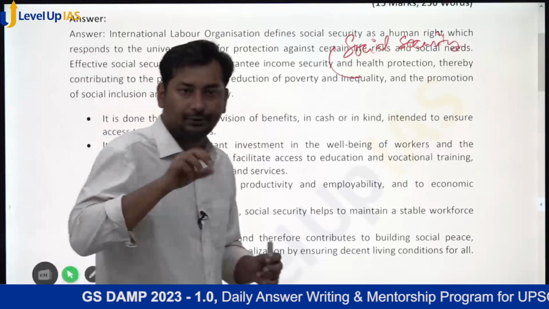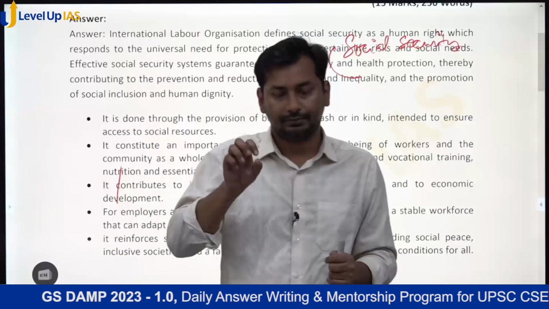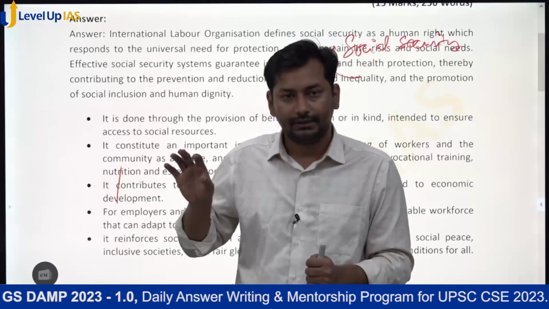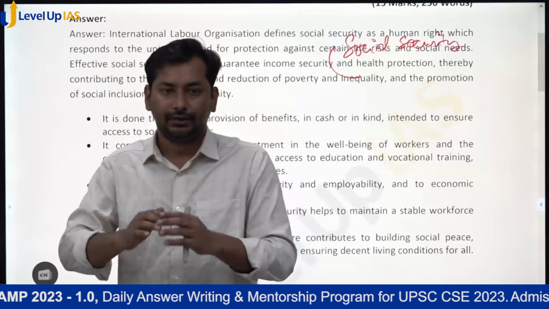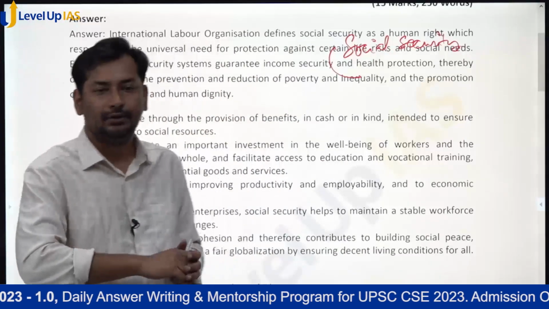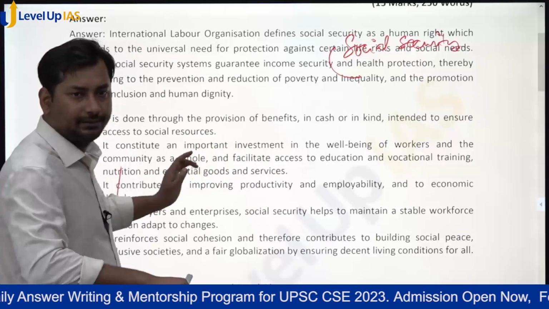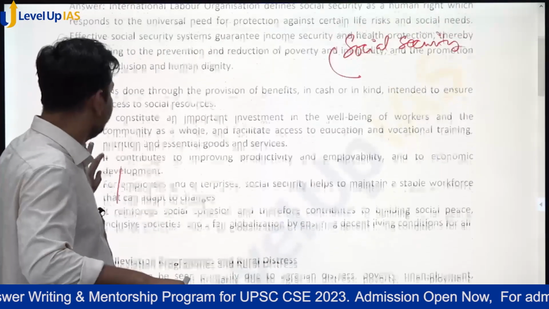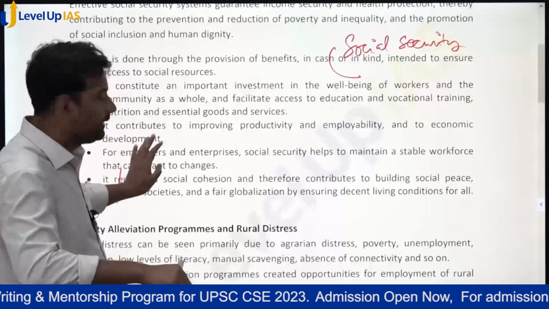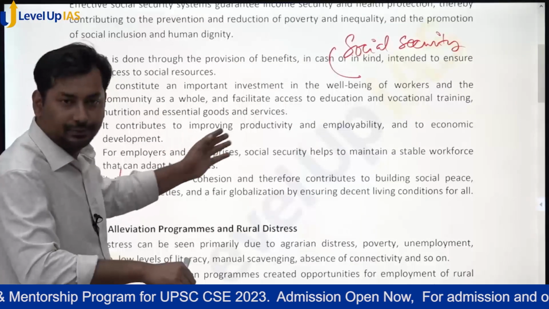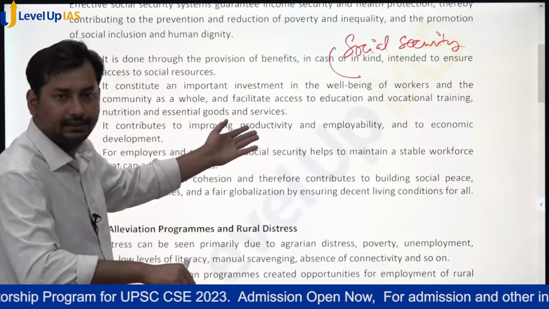Basically, if social security provisions are given to laborers, their health will be better. So it will create opportunities for growth also, like skill development among laborers. That's also part of social security, along with nutrition and essential goods and services. Then it improves productivity and employability because labor is more healthy.